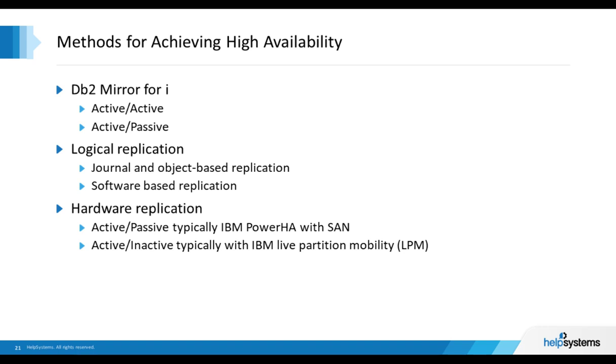And then, of course, thirdly, hardware-based replication using PowerHA or maybe LPM, live partition mobility, and with it, it's an active-passive or active-inactive approach. We're going to talk about these three methods in some detail now, along with maybe a couple of options that you maybe don't know about or haven't heard about before.